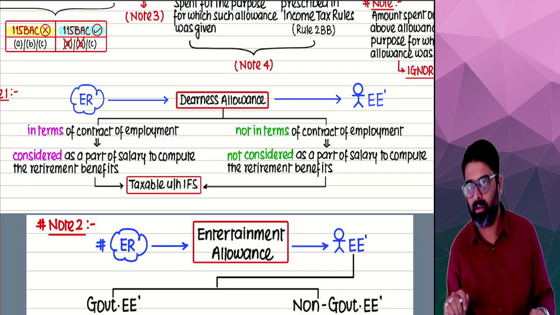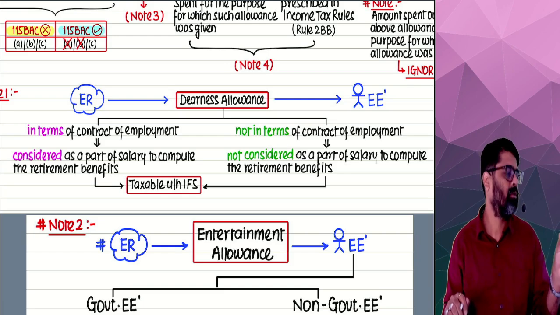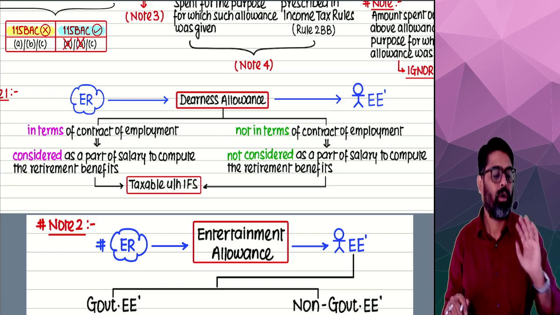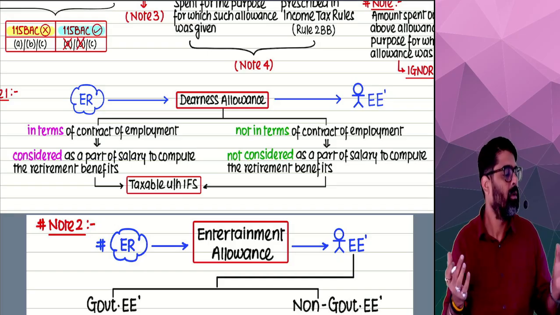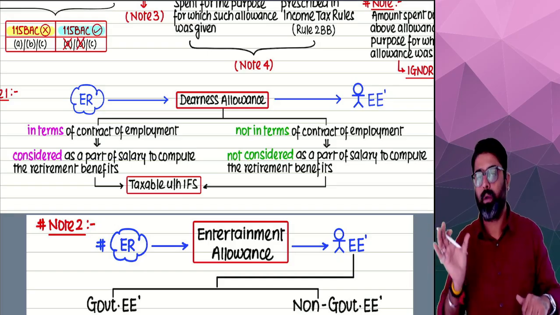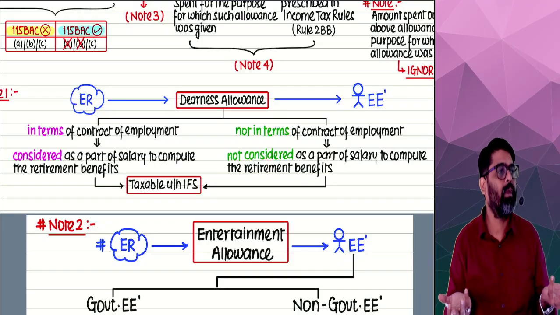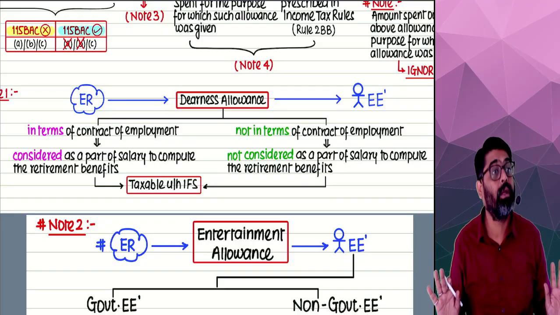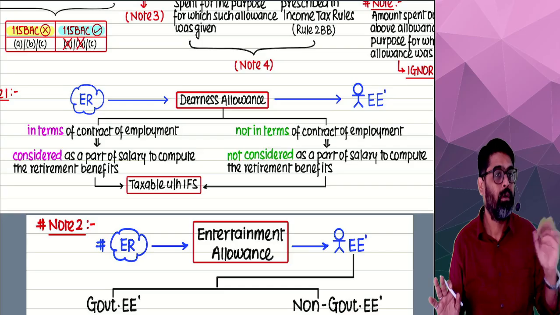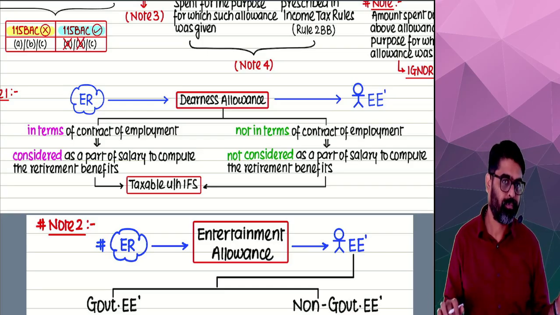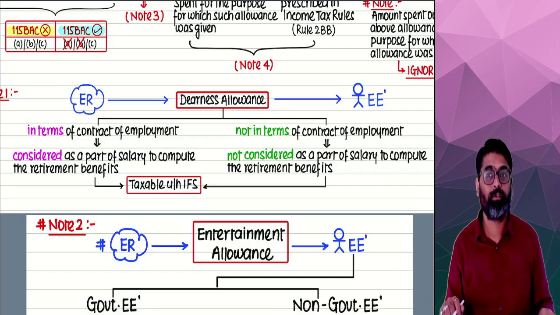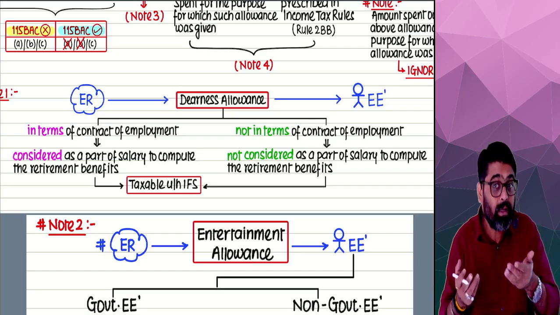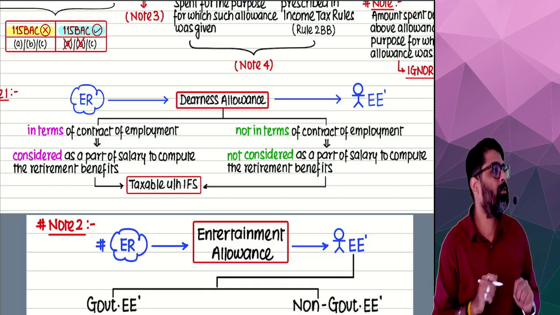Now in the question, they can directly give you DA in terms, or they can give you DA not in terms. DA in terms, taxable. DA not in terms, taxable. Any type of DA is taxable as salary only. Sometimes they will use the words DA used for retirement benefits, meaning this was DA in terms.